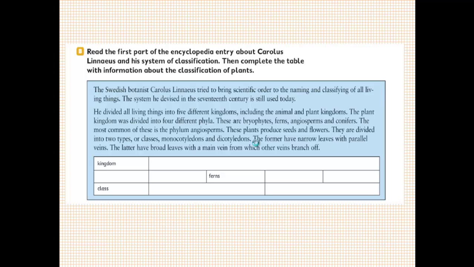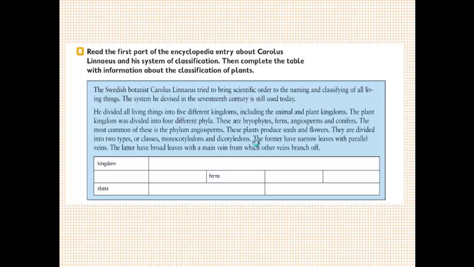These are bryophytes, ferns, angiosperms and conifers. The most common of these is the phylum Angiosperms. These plants produce seeds and flowers.